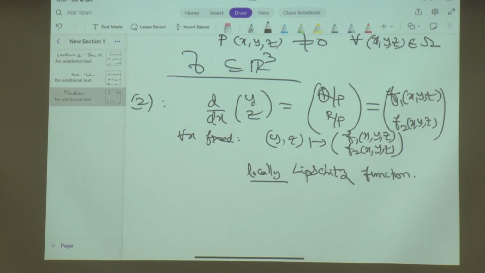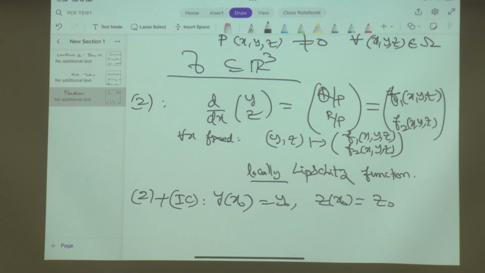Okay, why am I saying this? Because now I am interested in solving some problem related to this ODE, which is an initial value problem. So if you consider an initial value problem for this system plus initial conditions, which is y at some point x0 equal to y0, and z at the same point x0 is z0. Okay, so we pick up x0, y0, z0 in your omega and ask y of x0 should be y0, z of x0 equal to z0.